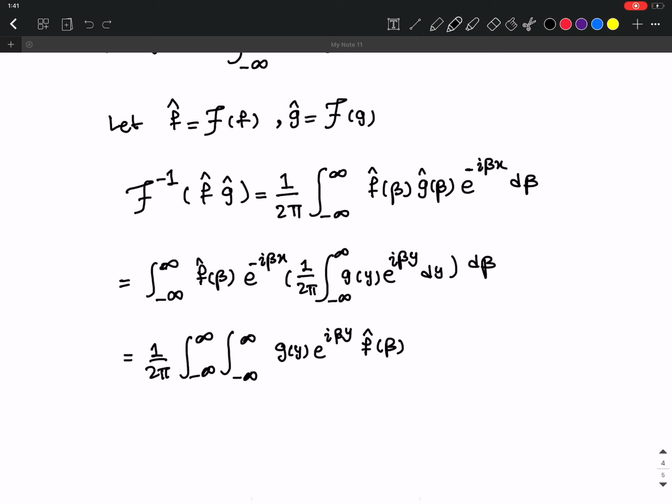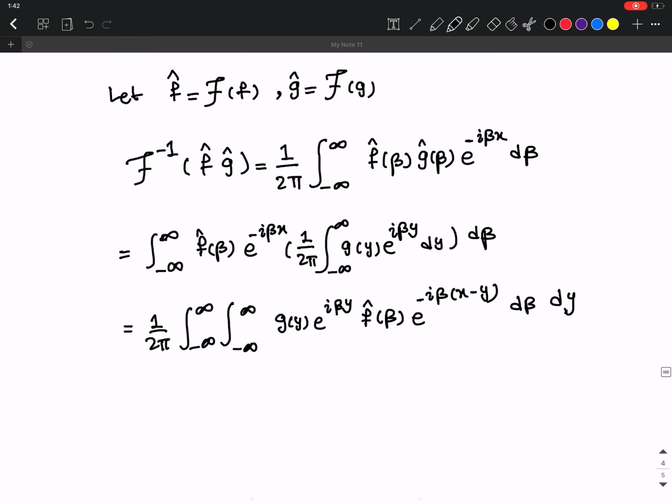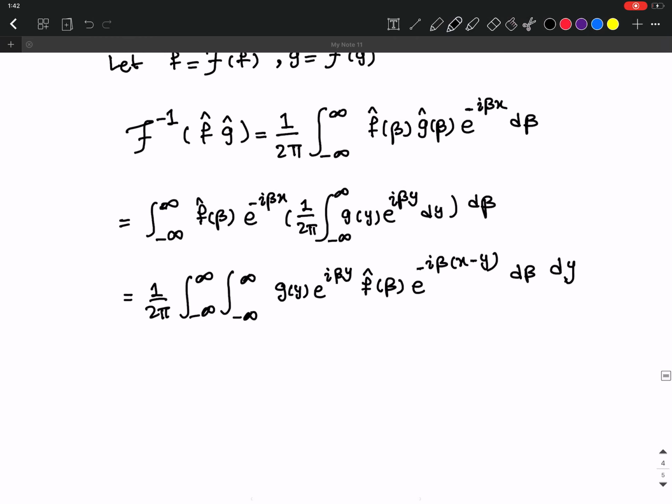So f hat beta, and then I can write e to the minus i beta, combine the exponentials, I'm going to get x minus y, right? And then I'm going to get d beta for the first integral and dy for the second integral. This is just a combination of the integrals, or we can say the interchange of the order of integrals.